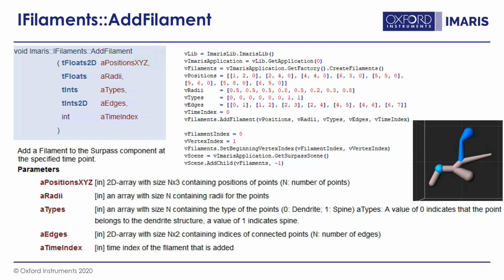The edges define which vertices of the filament should be connected. The types define if they should be dendrite in gray or spine in blue. On the right side, you see the result of calling this sample code.